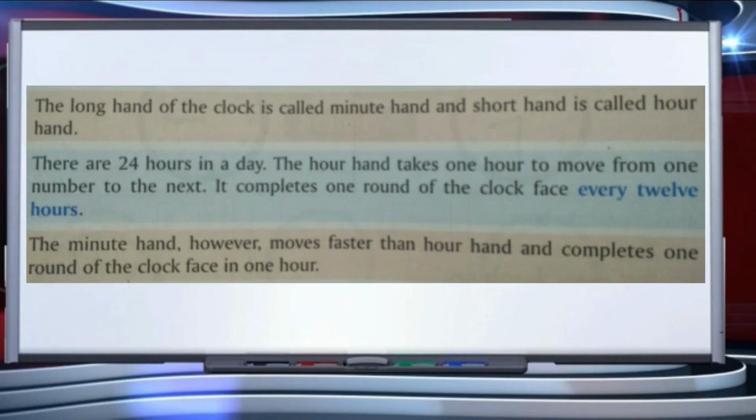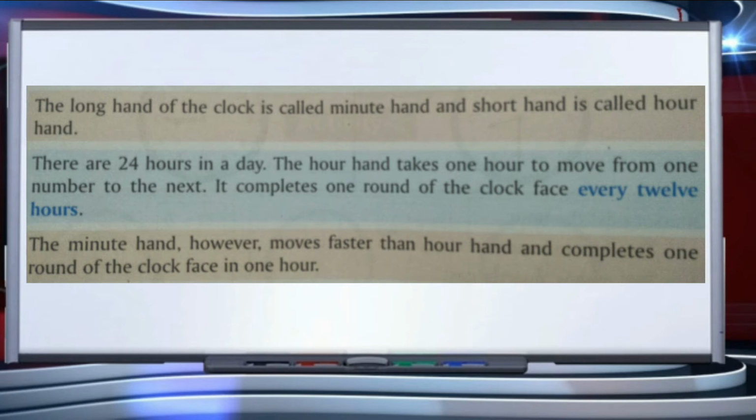The long hand of the clock is called minute hand, as we have discussed earlier, and the short hand is also called as the hour hand. And we know that there are 24 hours in a day, and the hour hand takes 1 hour to move from one number to the next number.